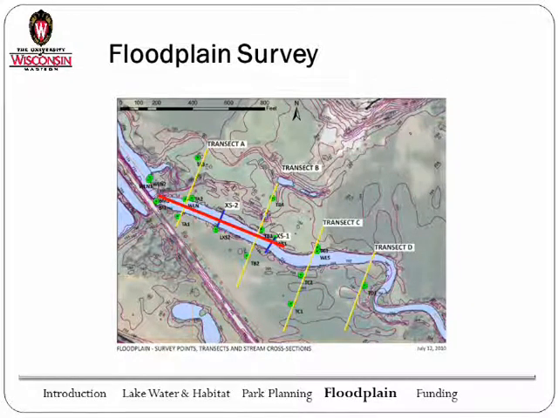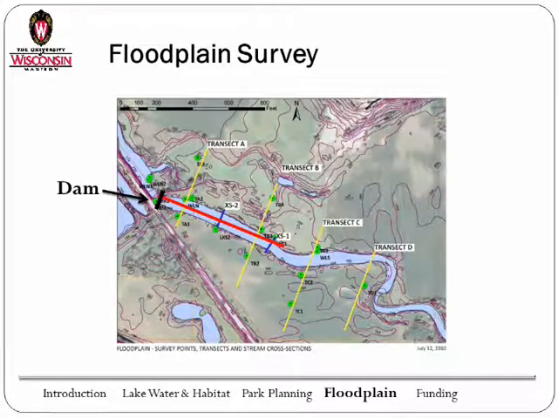The way we did this is we took field surveys along these yellow transects. To orient you, the dam is located right there and the stream is flowing this way towards the dam. So upstream of the dam we took field surveys along these yellow transects where we took soil cores to study the thickness of sediment that has been deposited on the floodplain since the dam has been put in place.